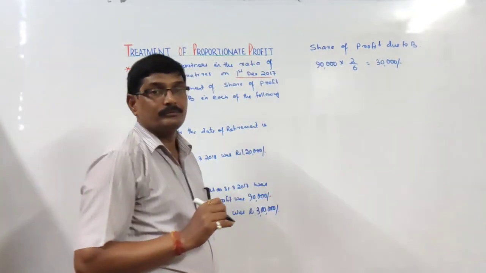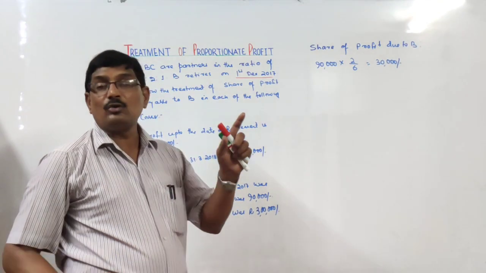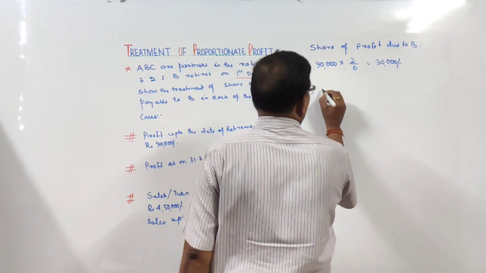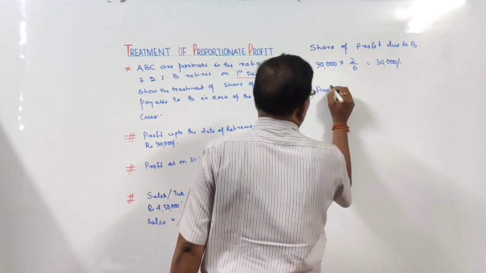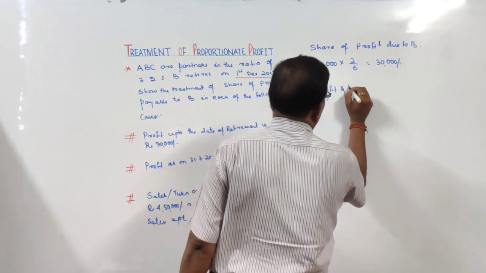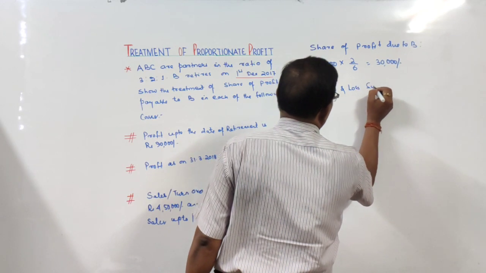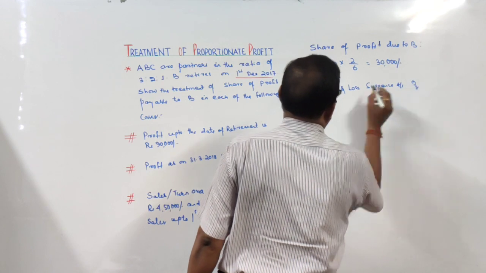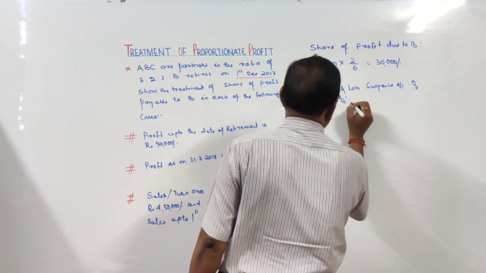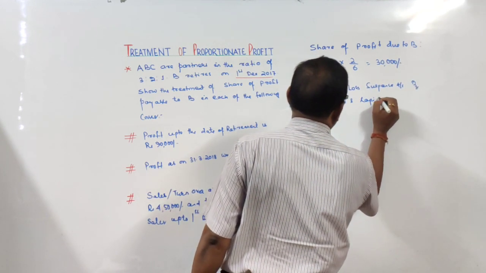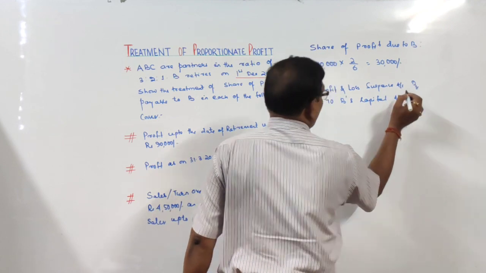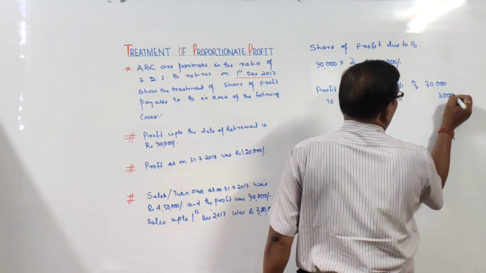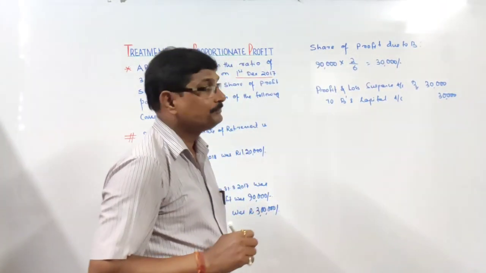Right? So this is the amount to be credited to the retiring partner's capital account, and at that time the journal entry will be Profit and Loss Suspense Account debited to the retiring partner's capital account, to B's capital account, that is 30,000. Right? So you have to pass the entry only if you are asked to pass.